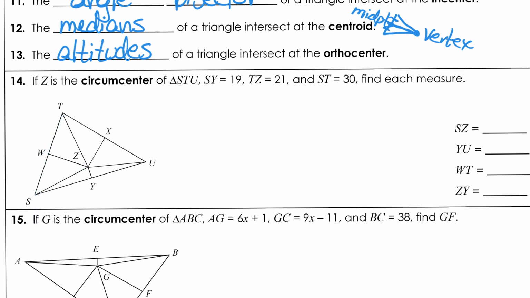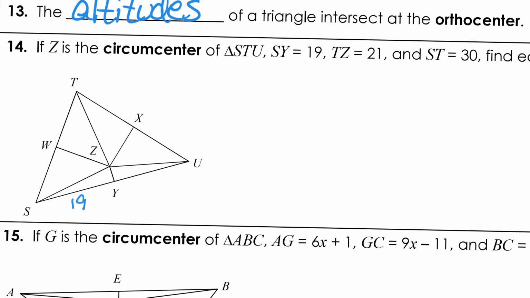So let's go ahead and put in our values and start using the definition of a circumcenter. It states here that SY is 19. So if this length here is 19, then this length is also 19. TZ is 21. So this length is 21.